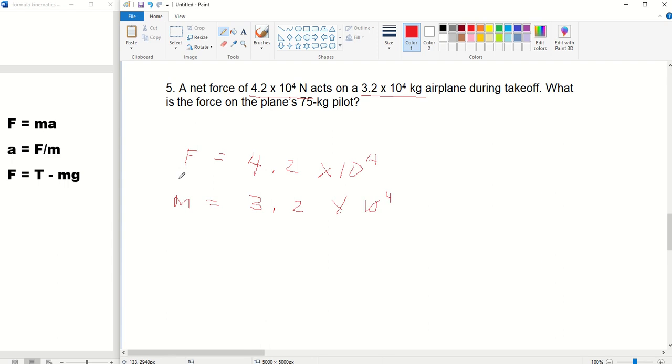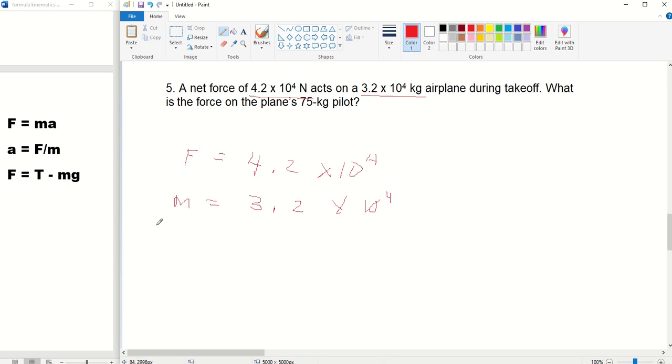Ngayon, ang question is, what is the force on the plane's 75 kilogram pilot? Bago natin malaman yung force dyan, we have to find the acceleration muna ng airplane para malaman natin ano yung na-exert na force dun sa 75 kilogram pilot.